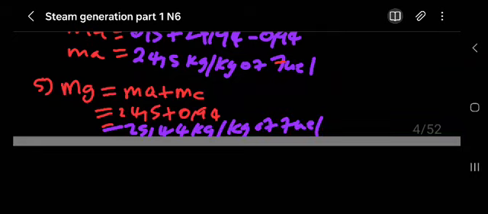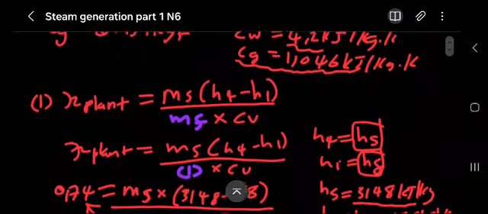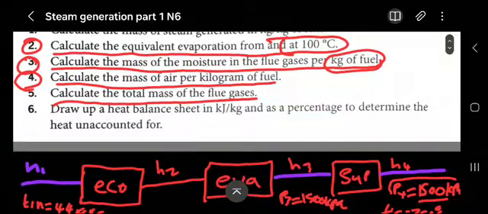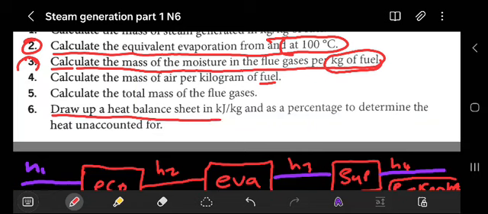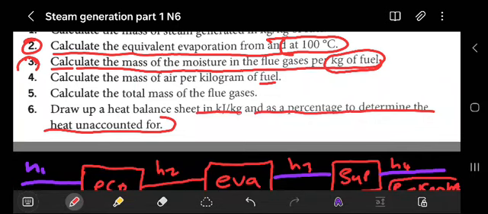All right. Number 6, what do we know? It says draw up a heat balance sheet in kilojoules per kg and as a percentage to determine the unaccounted heat. I've discussed this in our introduction.